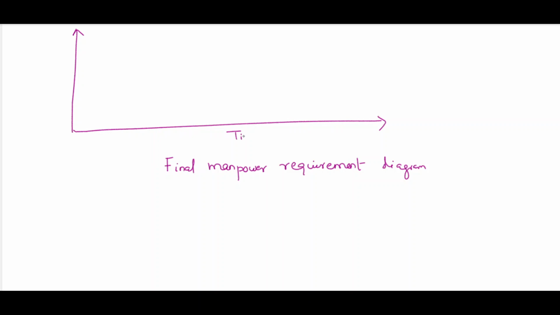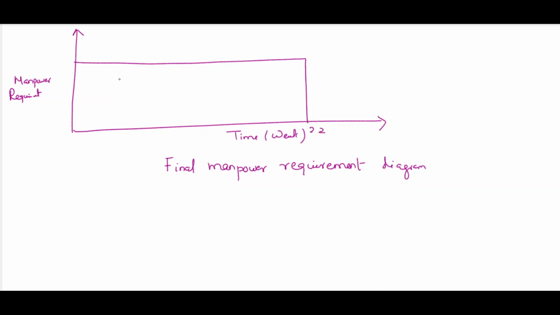The x-axis is time in weeks, and this is the manpower requirement. Now we will draw it up to 22 weeks.